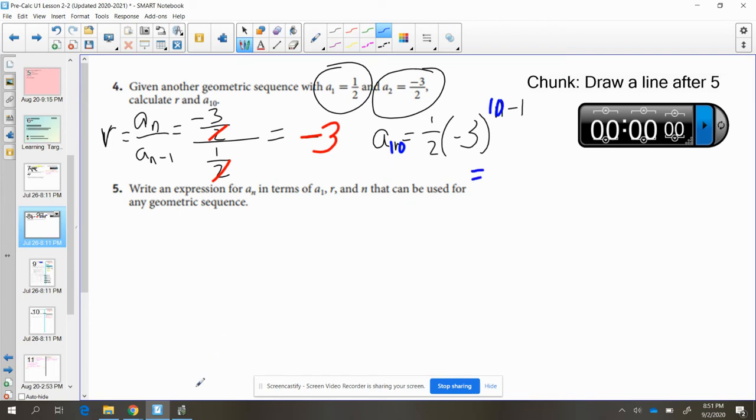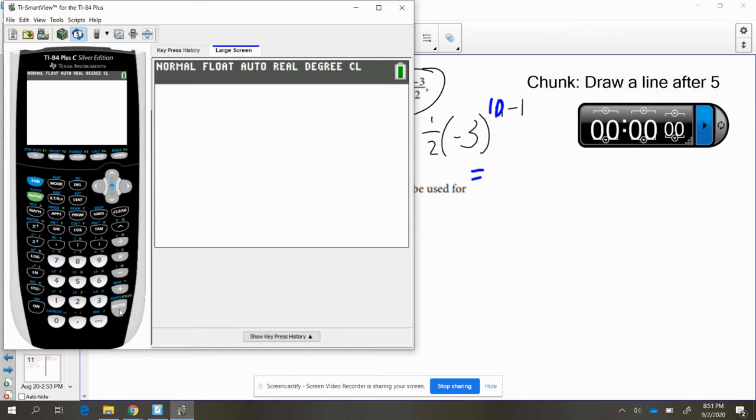Take a moment to practice a little bit of calculator work here, just because sometimes that's actually harder than coming up with the formula itself. We have 1/2, negative 3, and then to the 10 minus 1, aka 9th power. And you see our final answer.